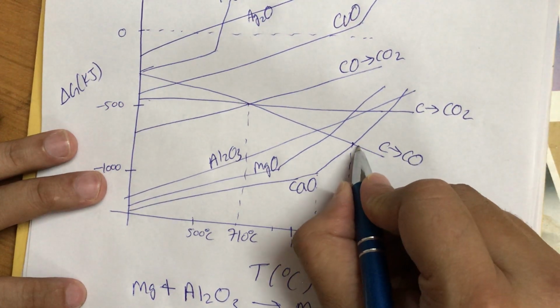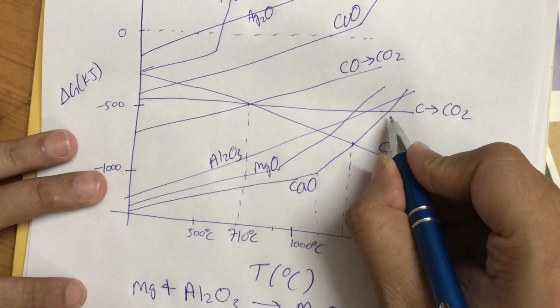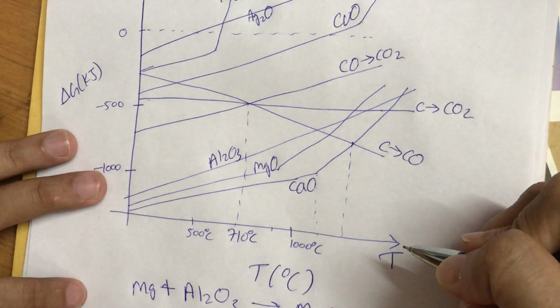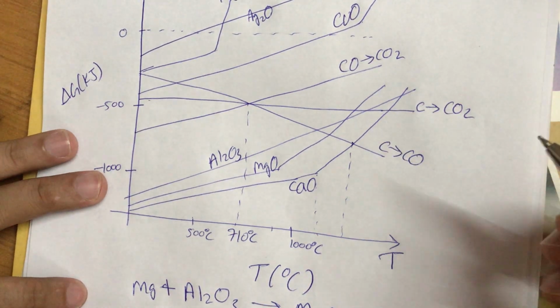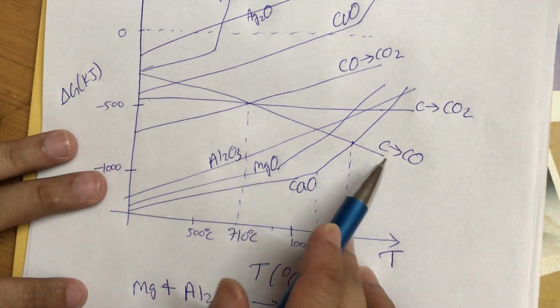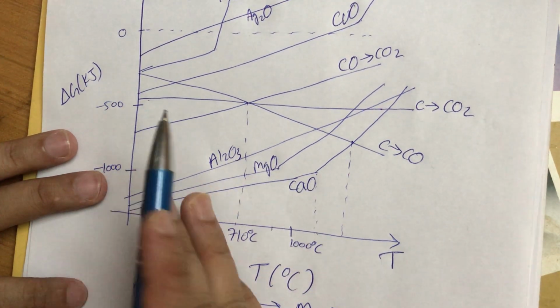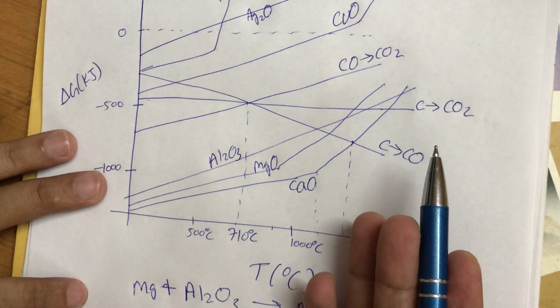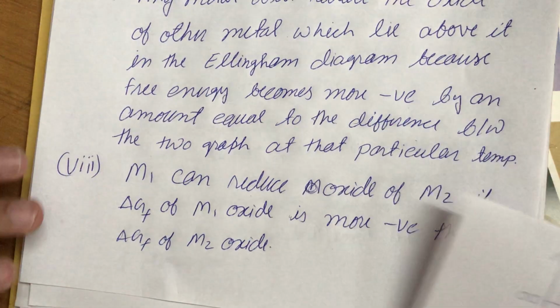After this point, the carbon line is present below, so it can reduce calcium oxide. Any line which is present below that particular element or metal can reduce the other oxide. So this is the advantage of the negative slope of carbon giving carbon monoxide. At some low or high temperature, it definitely can reduce all the metal oxides. Clear?